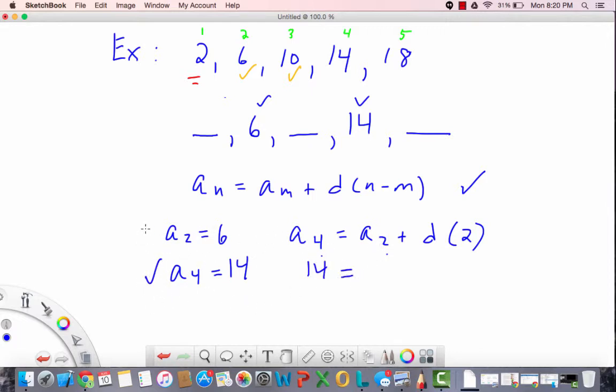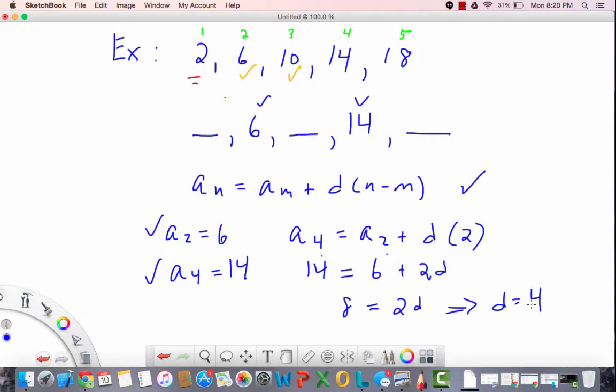A sub 2 is 6, plus d times 2, I'm just going to write that as 2d, as my handwriting slowly gets worse. 14 minus 6 is 8, equals 2d, therefore d equals 4, which shouldn't be a surprise. We knew that about 10 minutes ago.